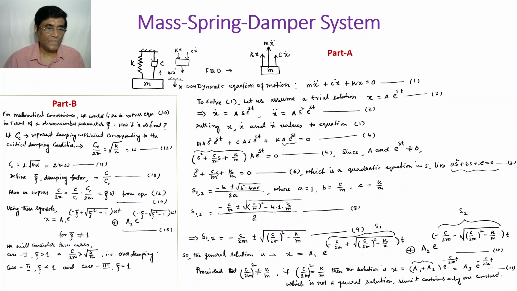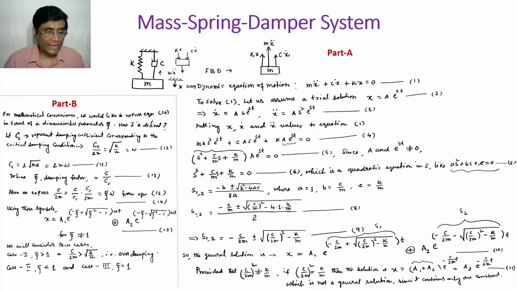Now we are defining zeta as a damping factor, which equals the damping coefficient C for any situation other than critical damping, divided by C corresponding to the critical damping condition. So this is dimensionless, right? Because it has the same dimension of C, okay?